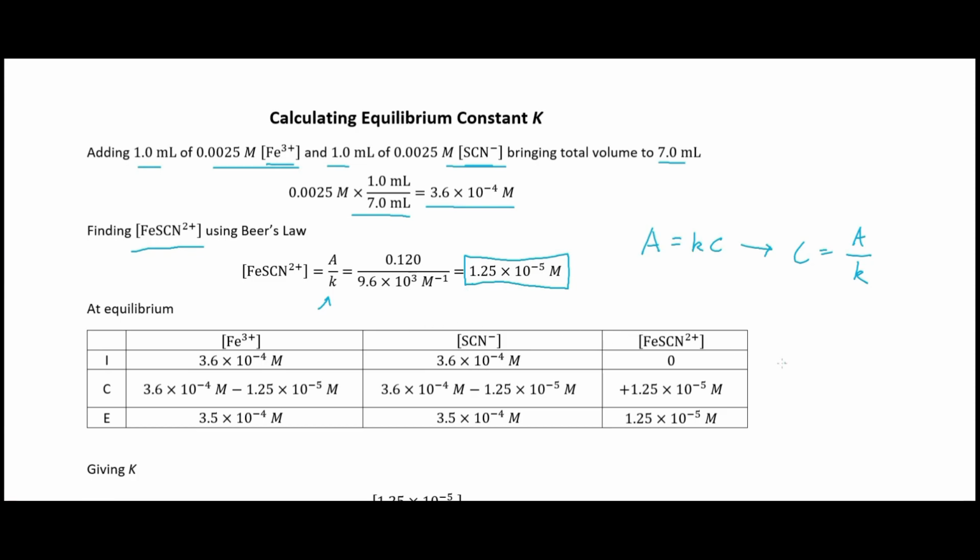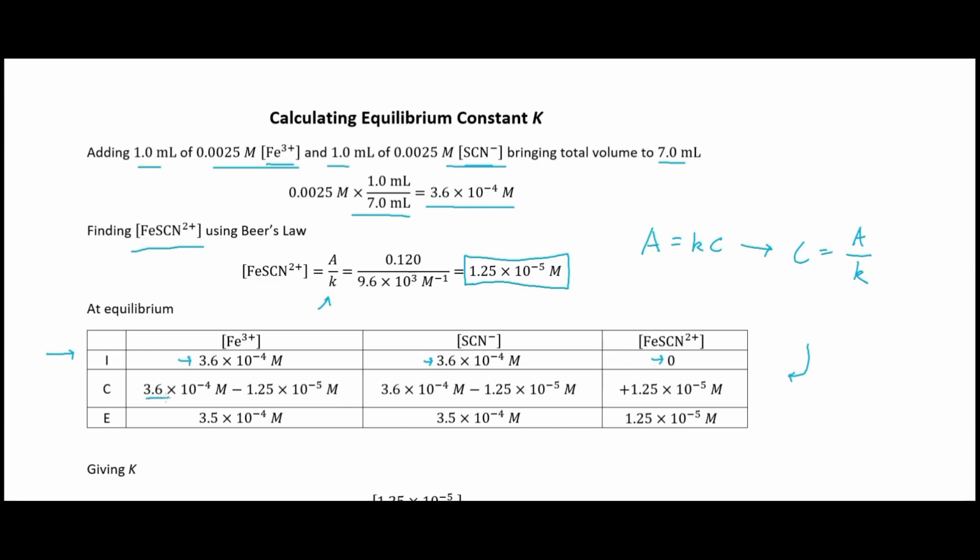And so then we can put that into an ice table like this. So we have our initial right here. So we're putting the initial concentration of our iron and thiocyanate there. We have 0 for our complex ion right there.